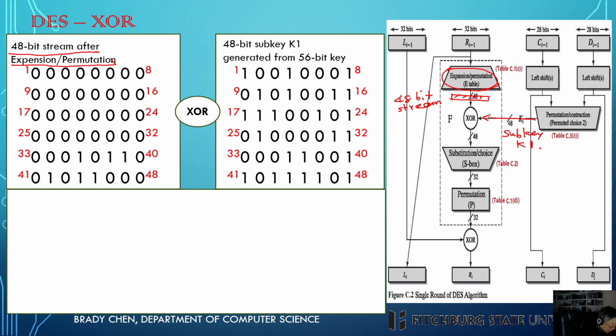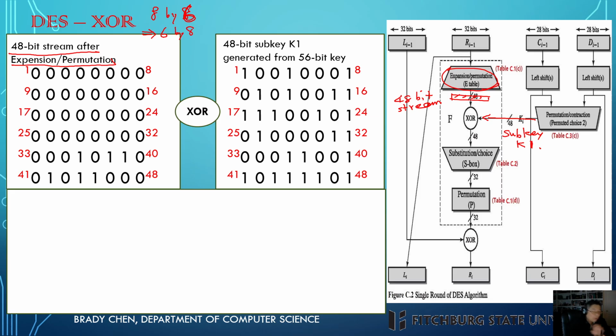If you look at this, you can see that we reorganize these 48 bits again. Remember, after we complete the expansion and the permutation, we generate a matrix of 8 by 6, which is 48. And then we can reorganize this into 6 by 8.